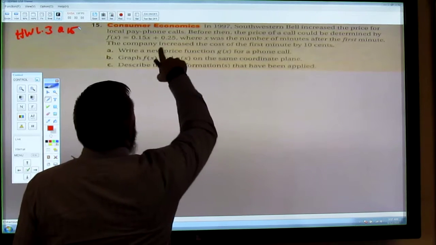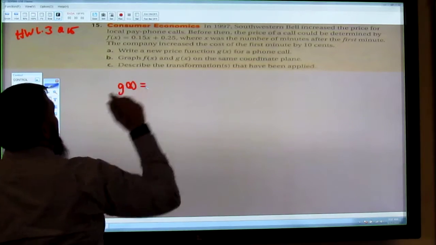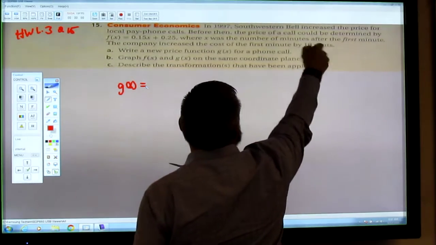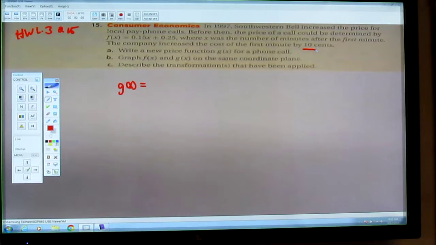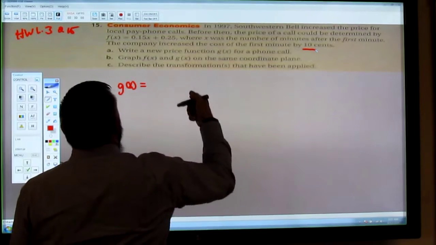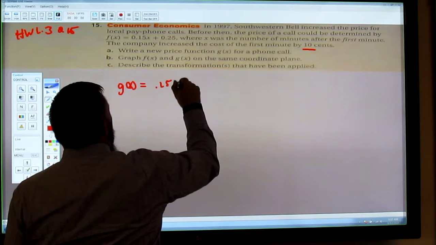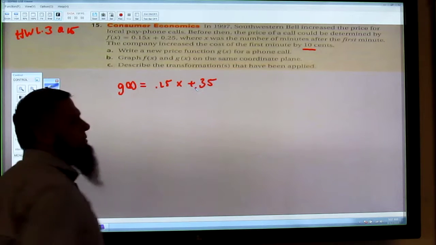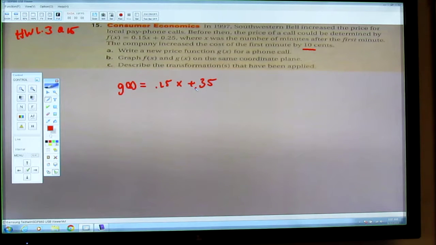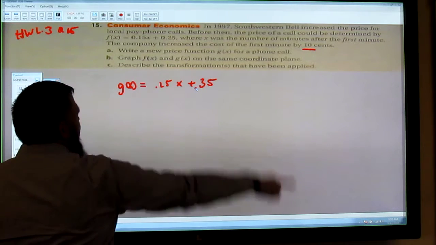All we're looking for here is g of x. If they increase it by 10 cents, the new g of x is going to be 0.15x plus 0.35. So, write a new price function for g of x. Okay, we did it.